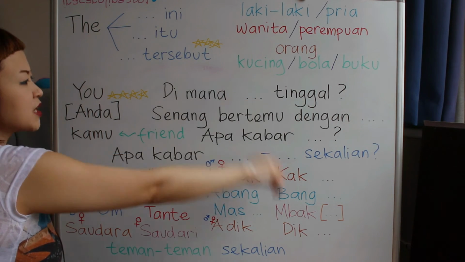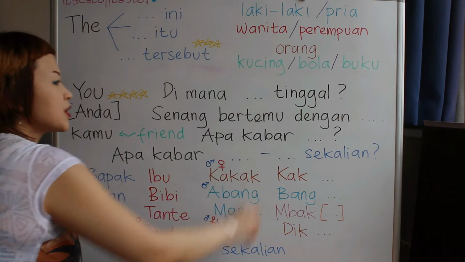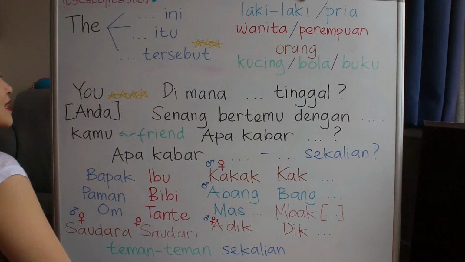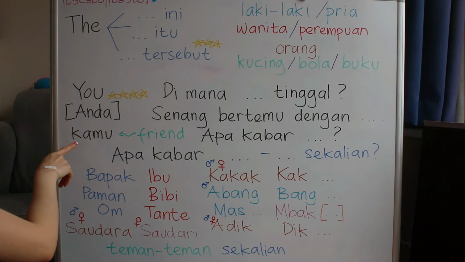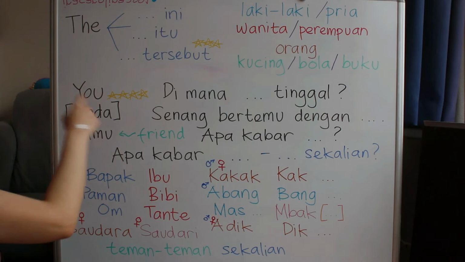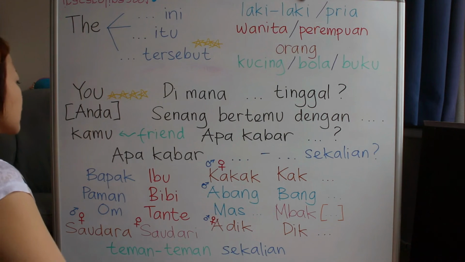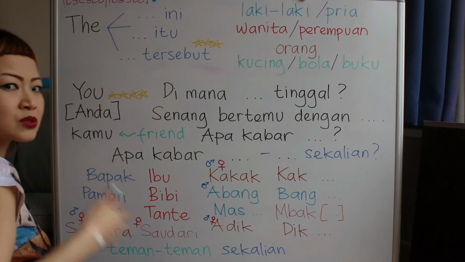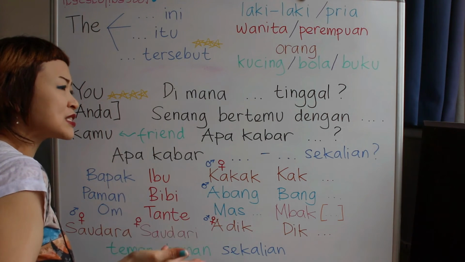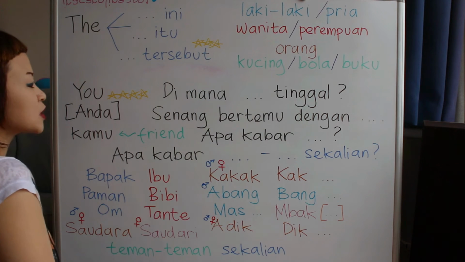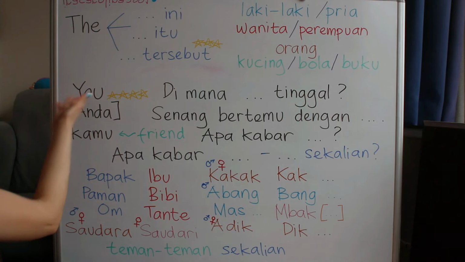The you here, the you here, that is not anda and not kamu, because anda is too old-fashioned or too high, and kamu is not so polite for someone you just meet for the first time or your senior. So how do we say it then? How do we have to call you?